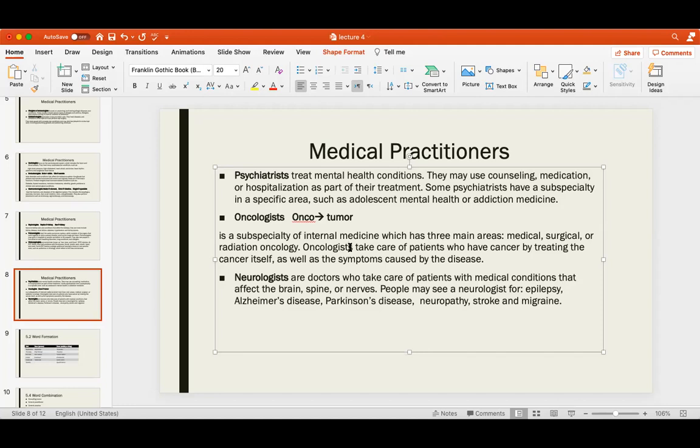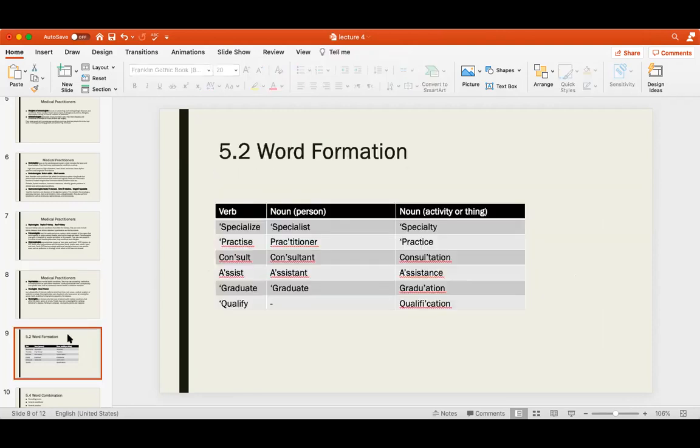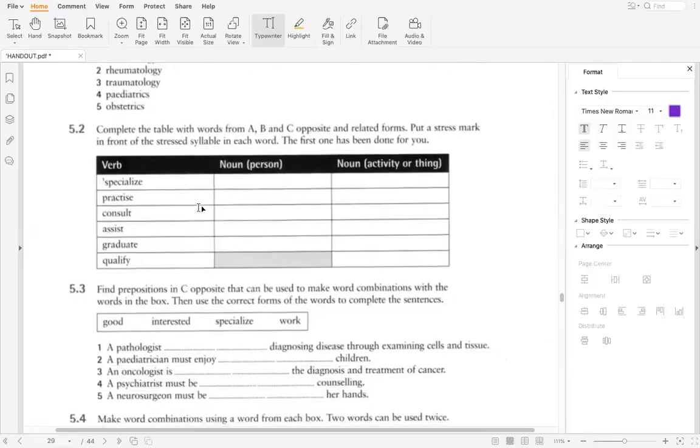Alzheimer's disease, Parkinson's disease, we have taken it also in the previous lecture. Neuropathy, stroke, and migraine, which is a type of headache. All right.